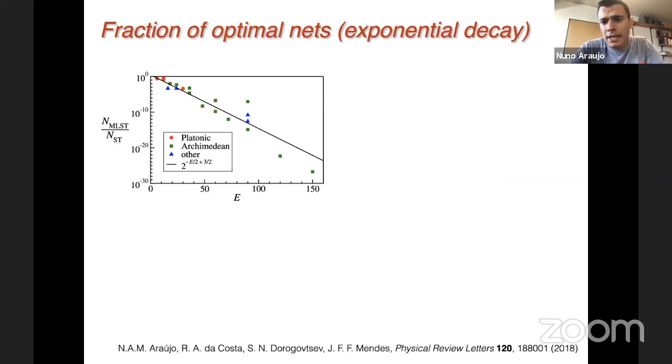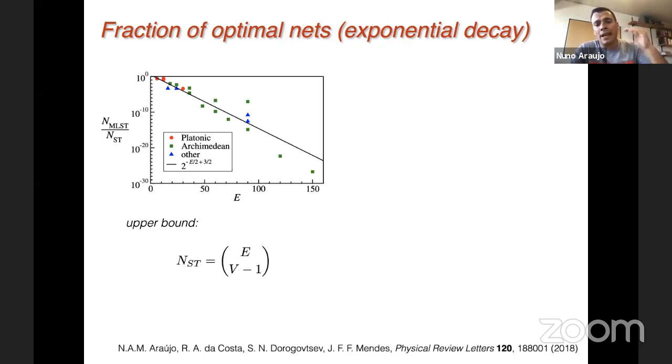And we can find arguments why it should decay exponentially. I will not go too much into details, but I can give you a brief explanation of how we can get this solid line here. The idea is to calculate an upper bound for the number of nets. So you remember, we need to make cuts to the edges, and we need to make as many cuts as V minus 1, where V is the number of vertices in the polyhedron structure.